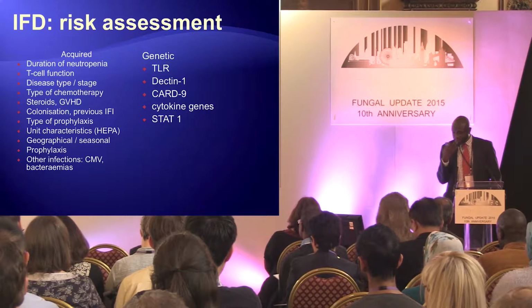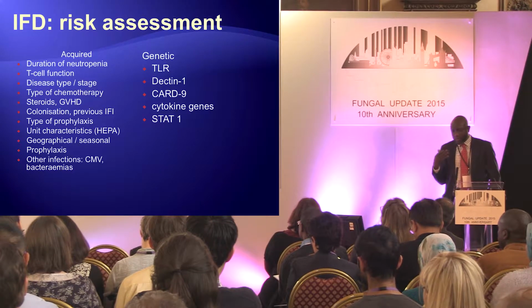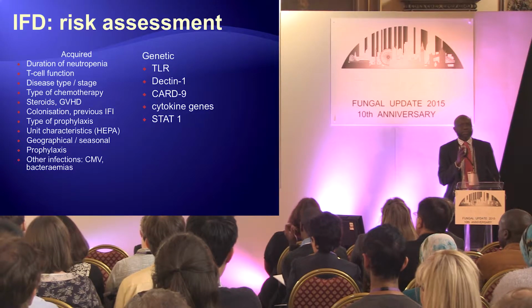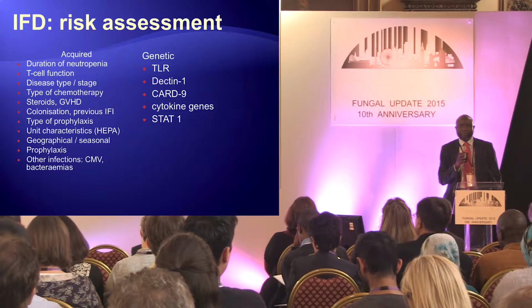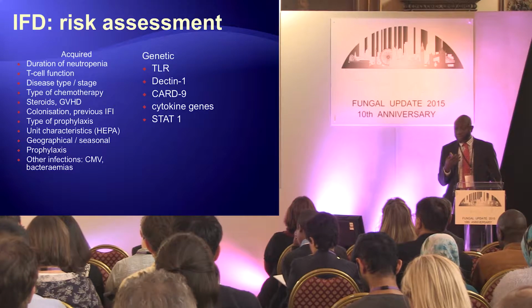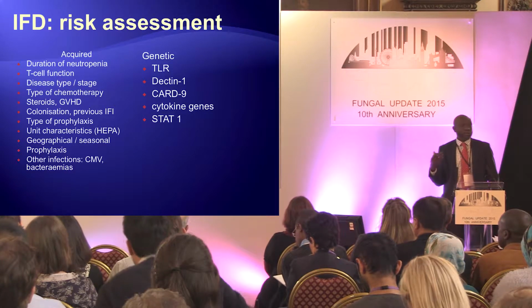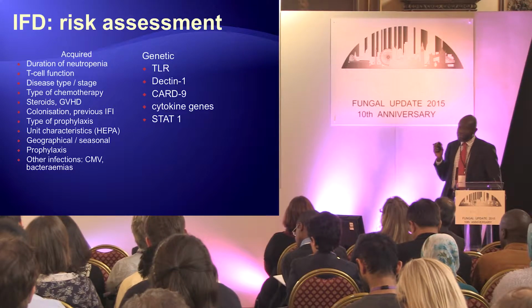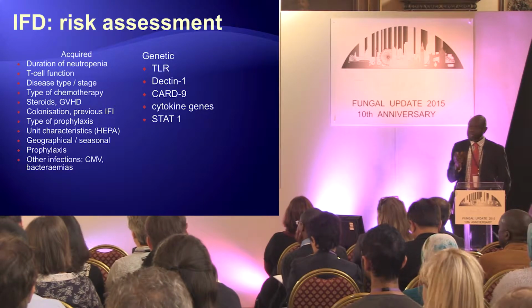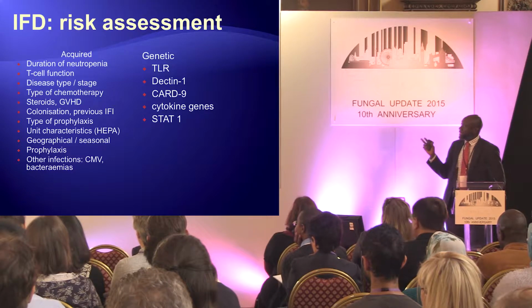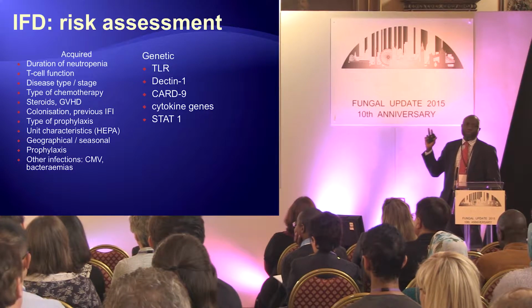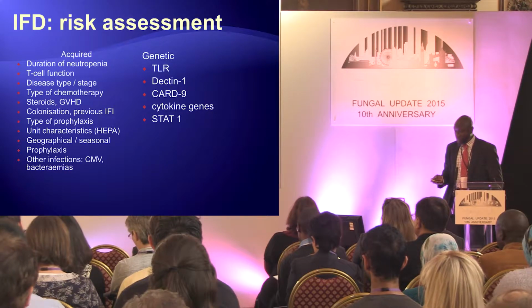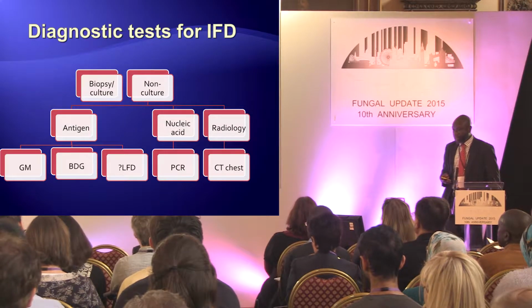Genetic risk factors, as mentioned, are becoming quite important, and it's probably fair to say that by themselves they're not enough on their own, but they have to interact with the other acquired risk factors to make sense. And I think that's why that last slide that Rosemary was showing, of the risk profile in patients, putting everything together, would be a sensible way forward.